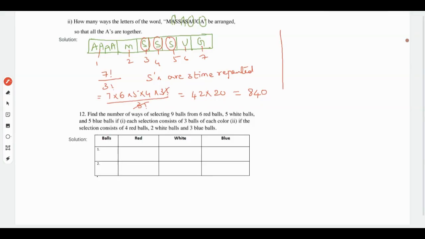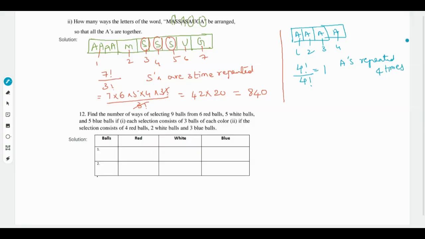Now we need to take the group we have written together separately. We have to find the total number of ways for all A's together. So we have 4 letters, and 4 A's are repeated 4 times, so it should be divided by 4 factorial.